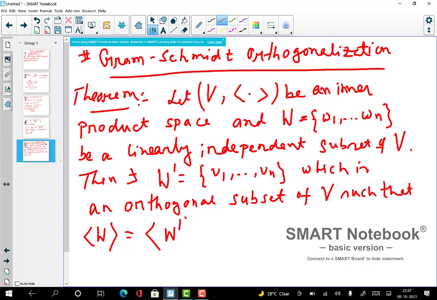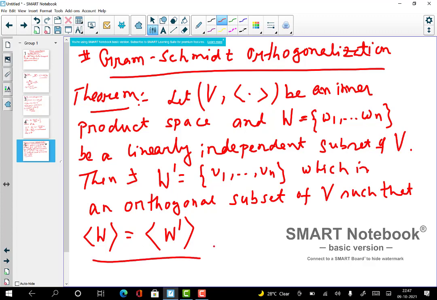So what does that mean? That means you convert the linearly independent set to an orthogonal set, and the span is a subspace of the full space V. So W will be the given basis, and you convert it into an orthogonal basis of the subspace. Okay, they are the same. This is the interesting fact.